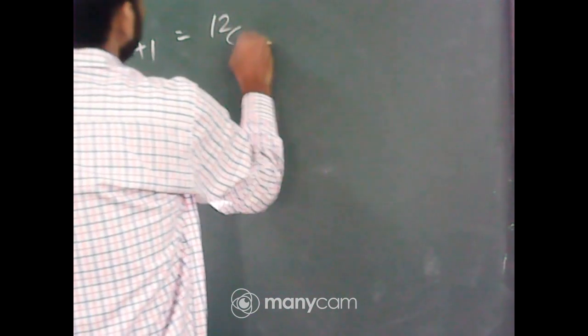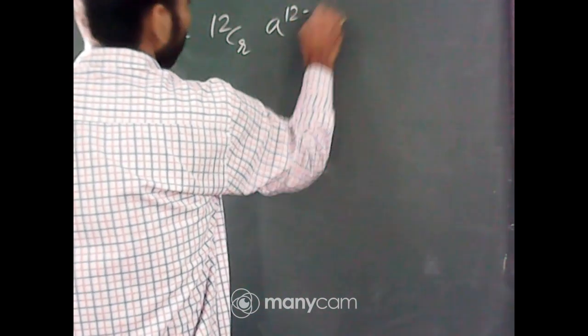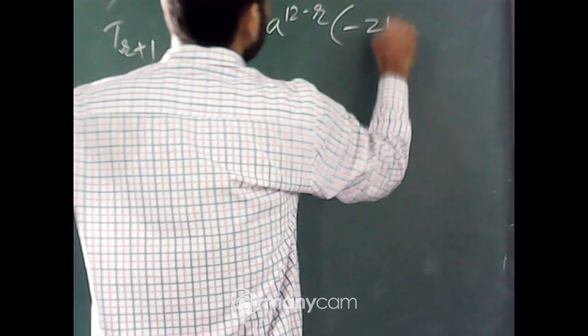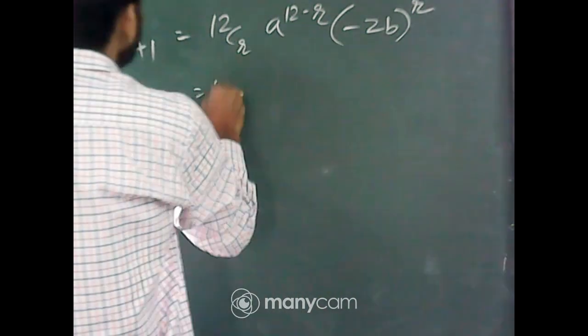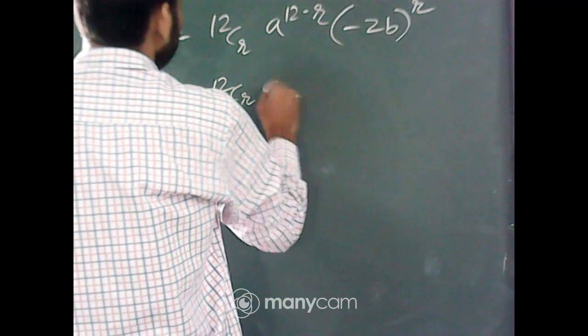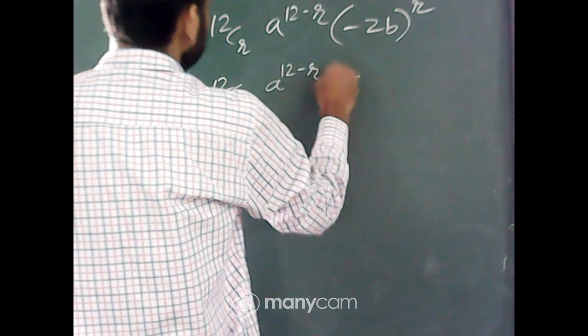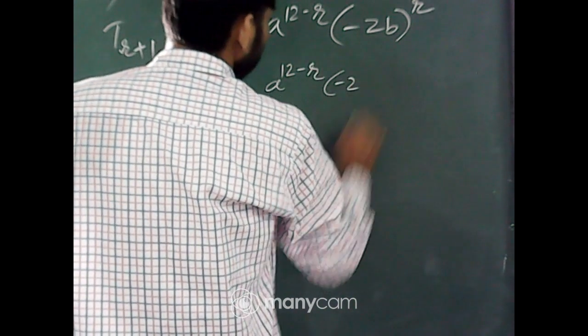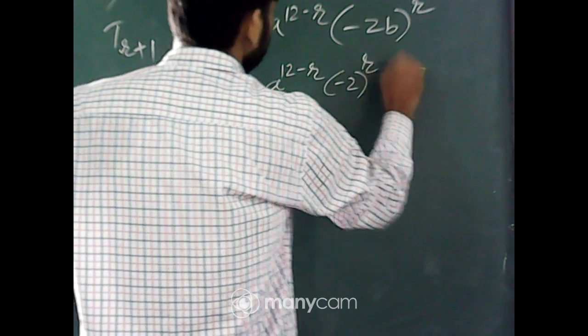Again, here we will first find the general term T(r+1), which is 12Cr a to the power 12 minus r into (minus 2b) to the power r. That means 12Cr a to the power 12 minus r, minus 2 to the power r, and b to the power r.